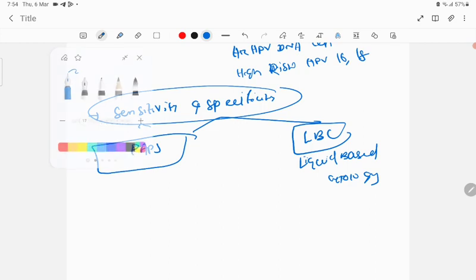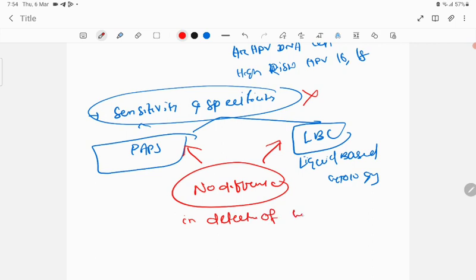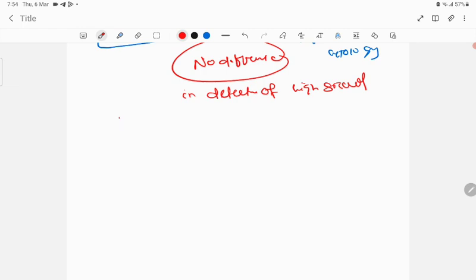Very important, there is no difference. Remember, this is an MCQ: there will be no difference between these two in detection of high grade cervical intraepithelial neoplasia, very important statement.